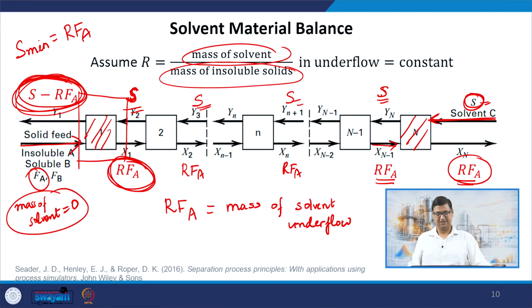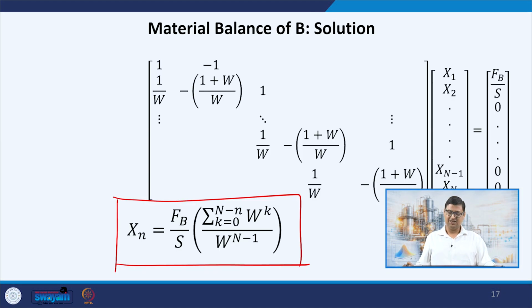But if that happens, then the solvent essentially is not carrying anything out finally. Ultimately, I want the solvent to carry the soluble component along with it, right? But if S is equal to S min, then the overflow has a 0 mass flow rate. So that is not really a desired circumstance. So we will typically want to have my S value more than this minimum possible value, more than this RFA value, in order to have an efficient separation.